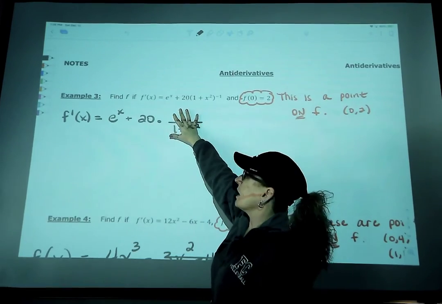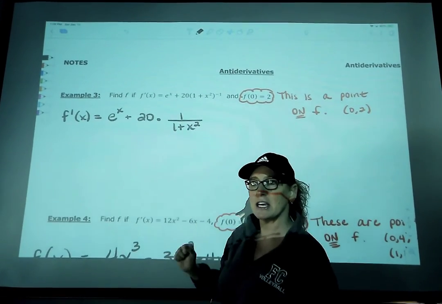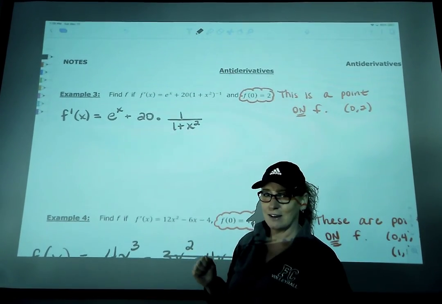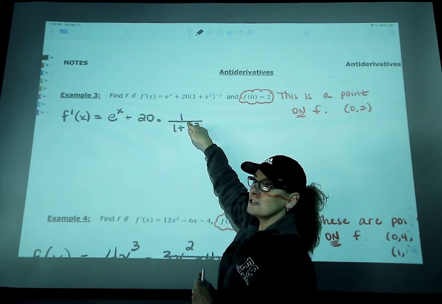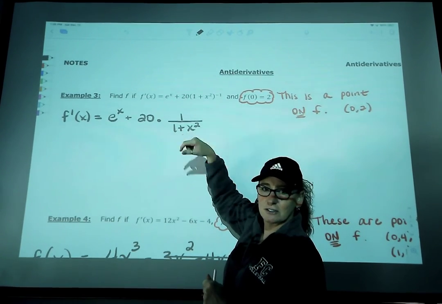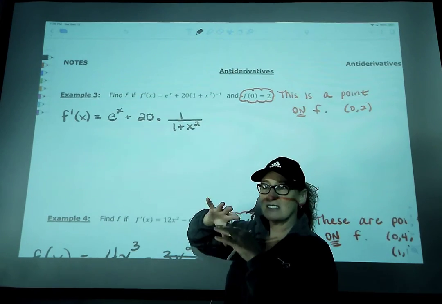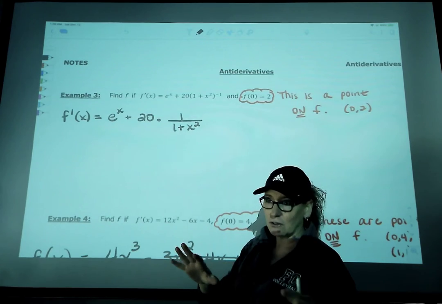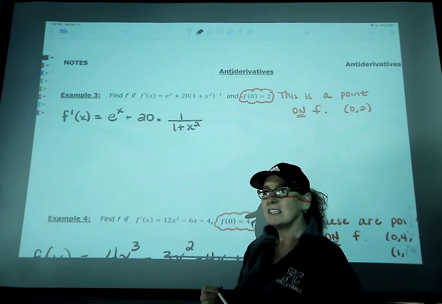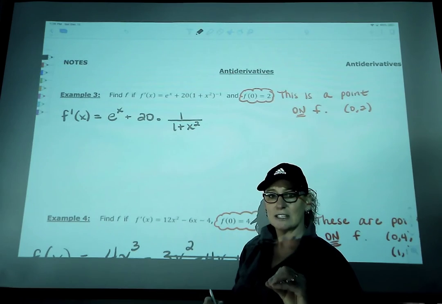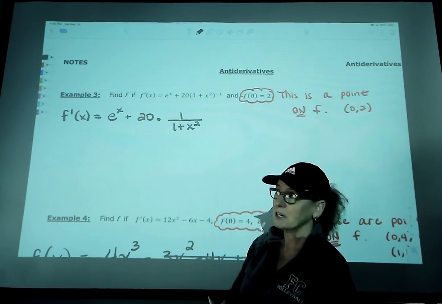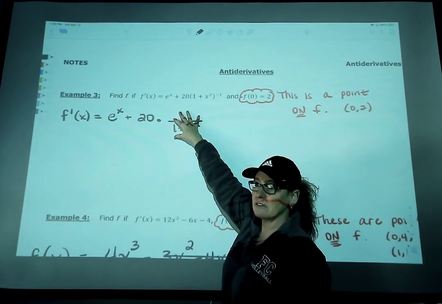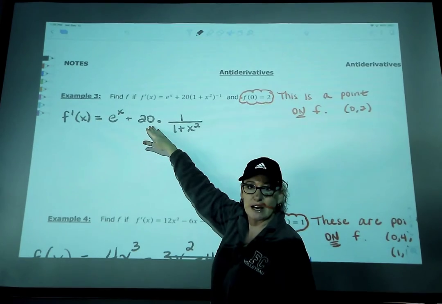Does this look like the derivative of anything you kind of, sort of, maybe remember? This is the derivative of tangent inverse. Remember those 6 trig inverse derivatives that I said, for your final or whatever, you don't have to memorize? And you kind of don't, but the most common one is tangent inverse, which, lucky for you, is the easiest one. This is the cleanest of all 6 of those derivatives. So this is the derivative of tangent inverse. 20 is just the coefficient that's out in front.